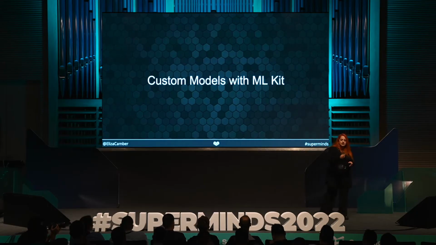A great example for that is the image labeling API in ML Kit. That image labeling has 400 different image labels. It will say that this is a chair, or a dog, or a cat, but it won't tell you which dog breed it actually is. So if you want to specifically say what type of dog that is, or what family that flower is, then you need a custom data set for that.